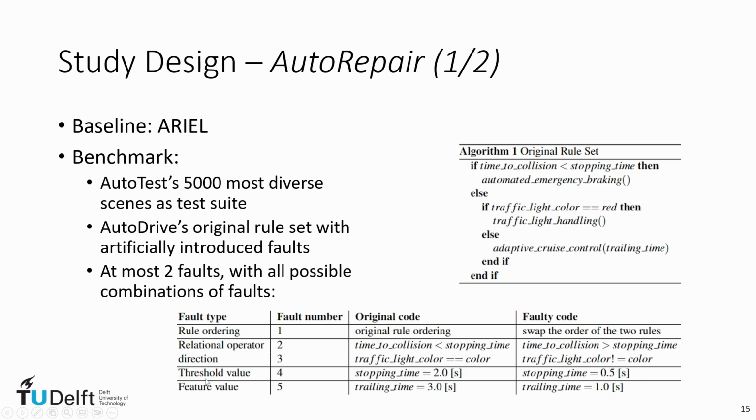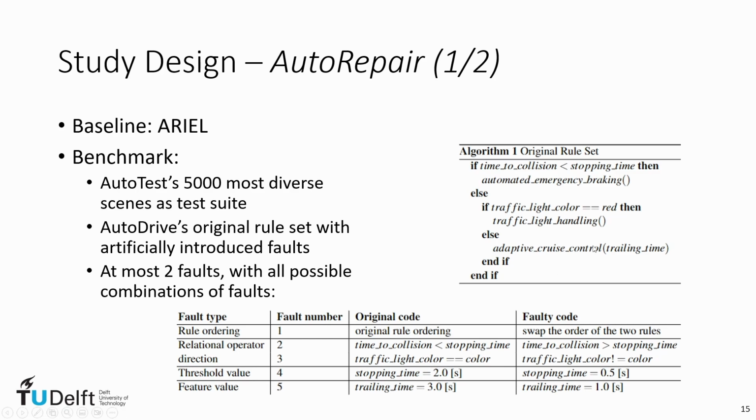Then we have the fault type for the threshold value. Let's say that the stopping time is 2 seconds. In the faulty code, we can mutate it to something like 0.5 seconds. You can imagine that that could cause some faults in the execution of the test suite. And then finally, to test for a fault in a feature, we're going to change the parameters of a module.